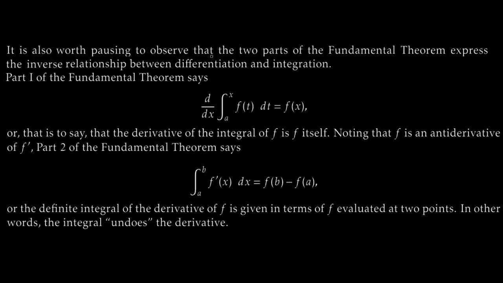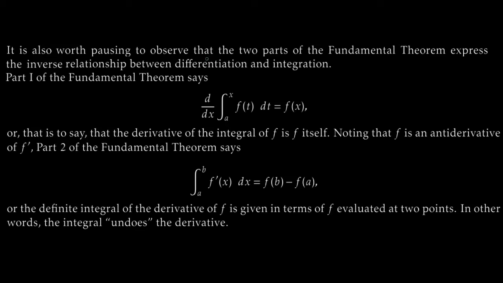So now that we've got both parts of the fundamental theorem of calculus stated and out in the open, it's worth pausing to note that this really tells us something about the relationship between differentiation and integration. Like I've been saying the whole way through, like I said right at the start, what this highlights is that differentiation and integration basically are the same thing but in opposite directions.